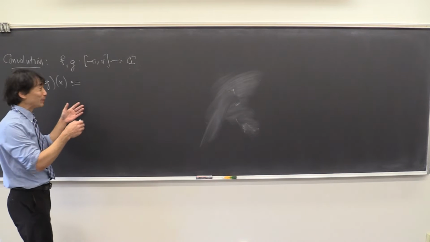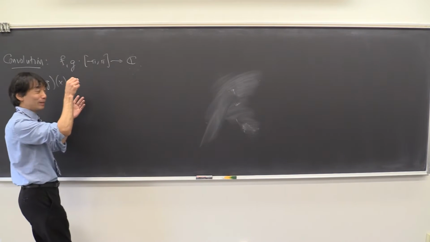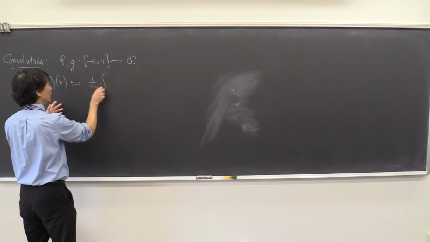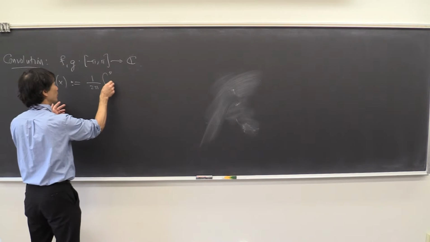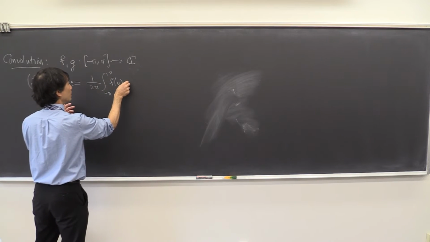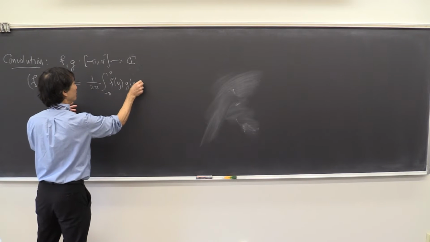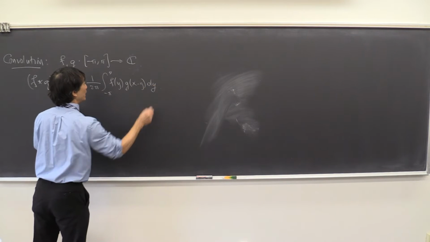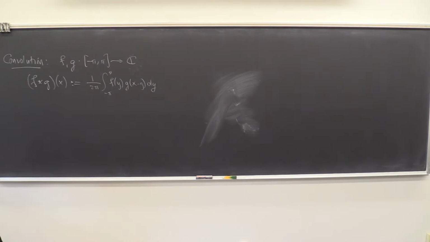See if you can do it. 1 over 2 pi times the integral of f at y times g at x minus y dy. Yeah. Okay, so that's the convolution, right?